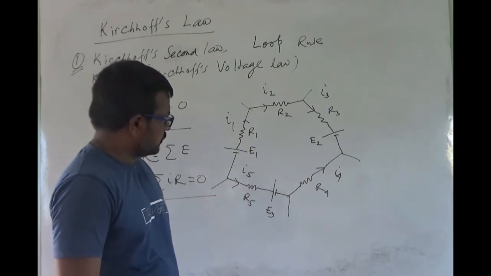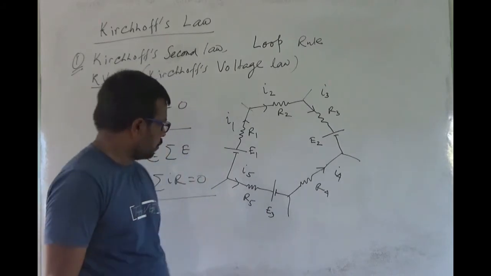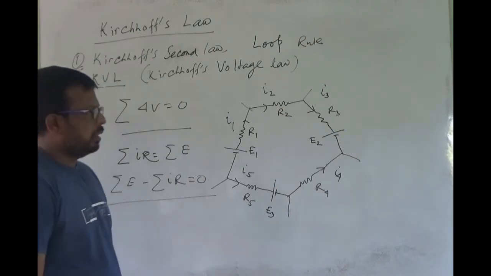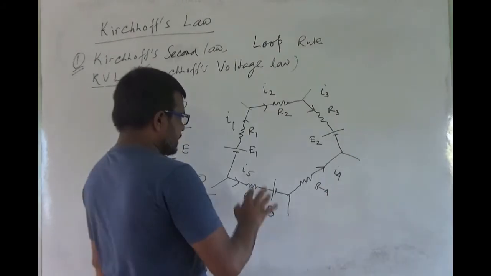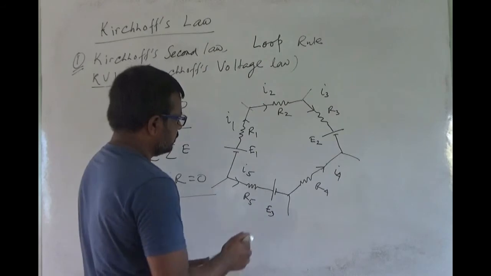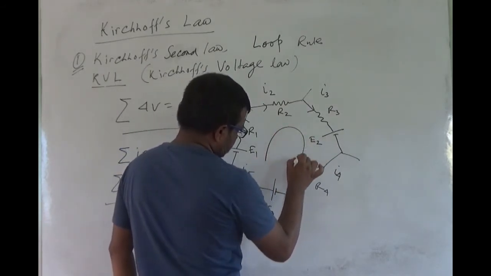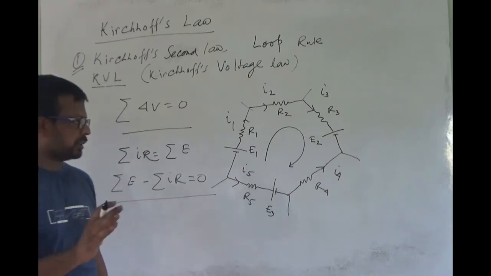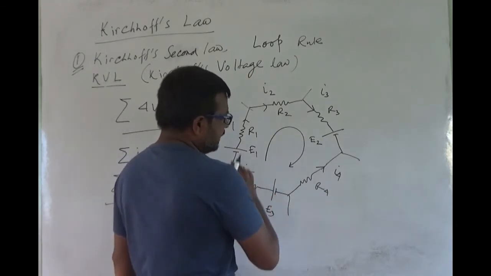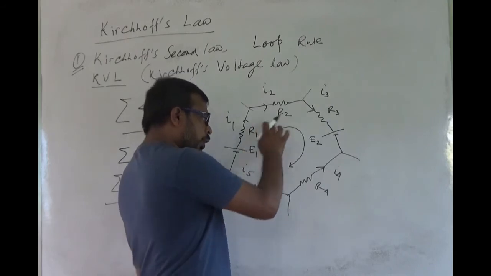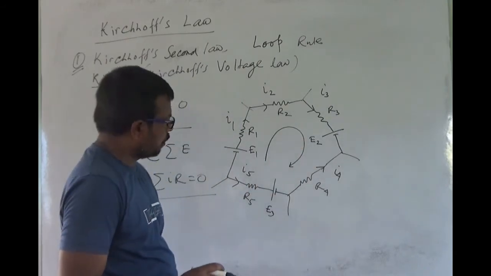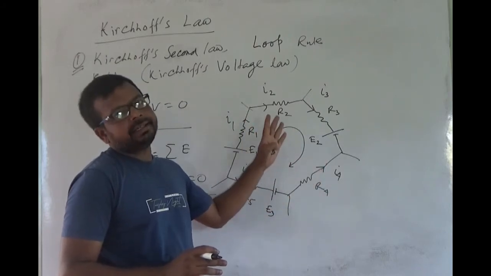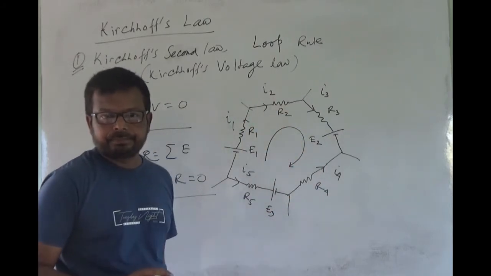Now what we have written here is summation IR equals summation over E. Now for this case, let us take this direction as positive. That means if the current is in the clockwise direction, then that current is assumed to be positive.